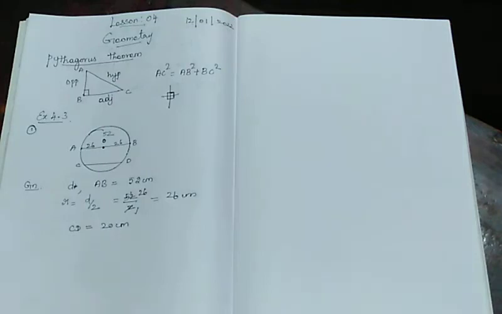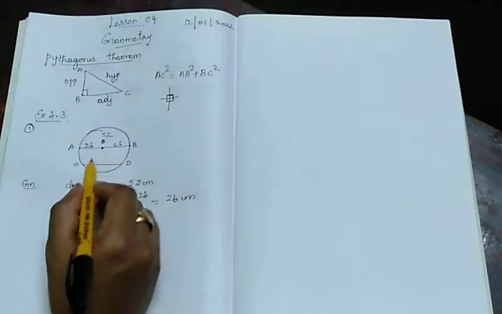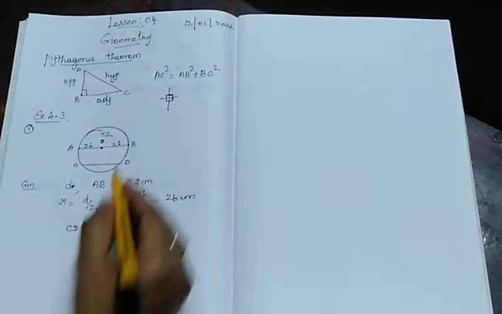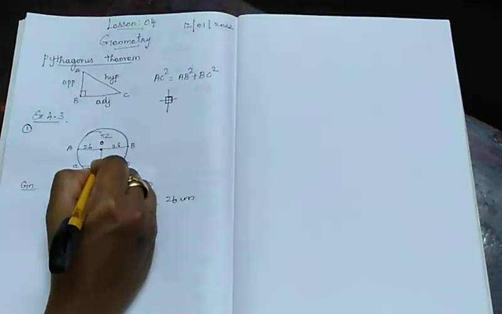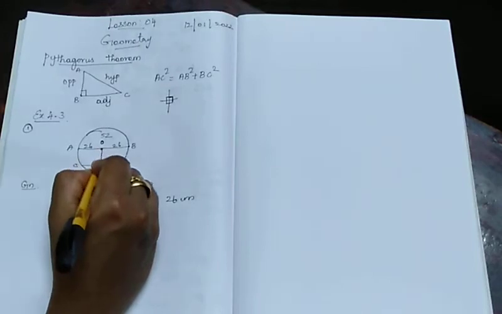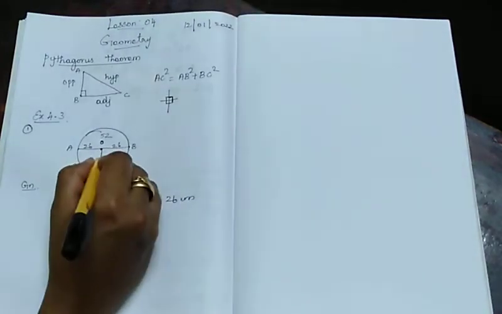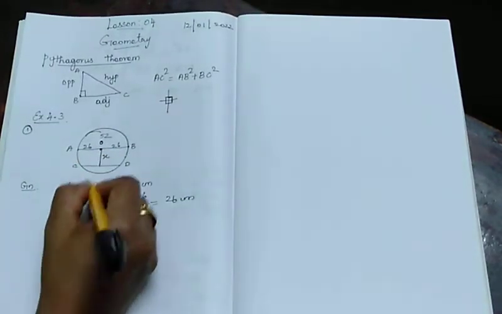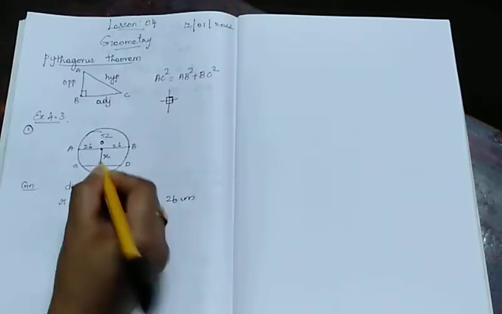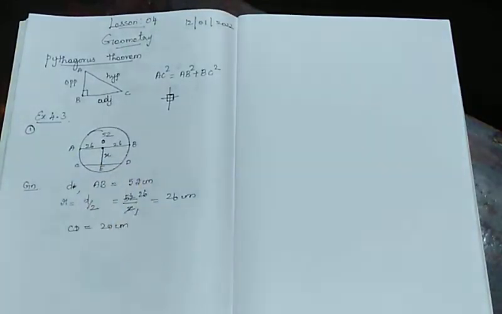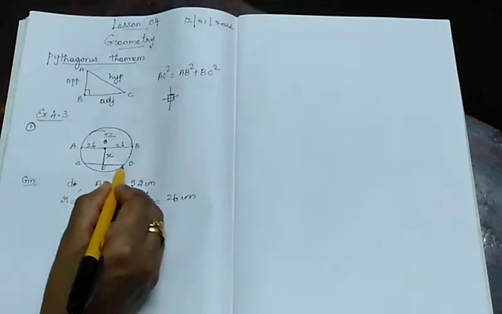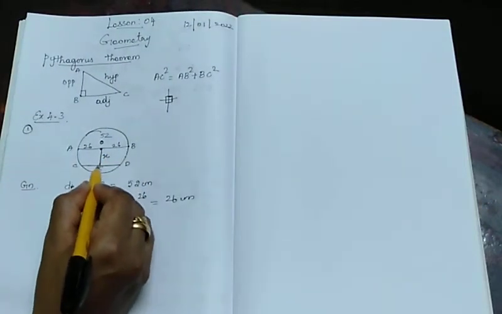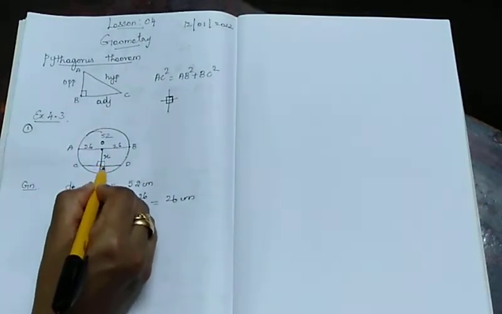What we have to find is the distance of the chord from the center. Let it be x. Since the two lines touch, one line and the other, what is the angle? It is 90 degrees.